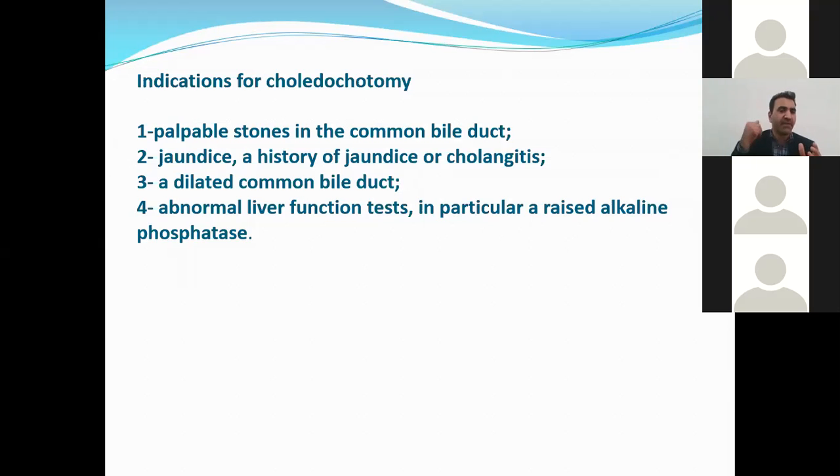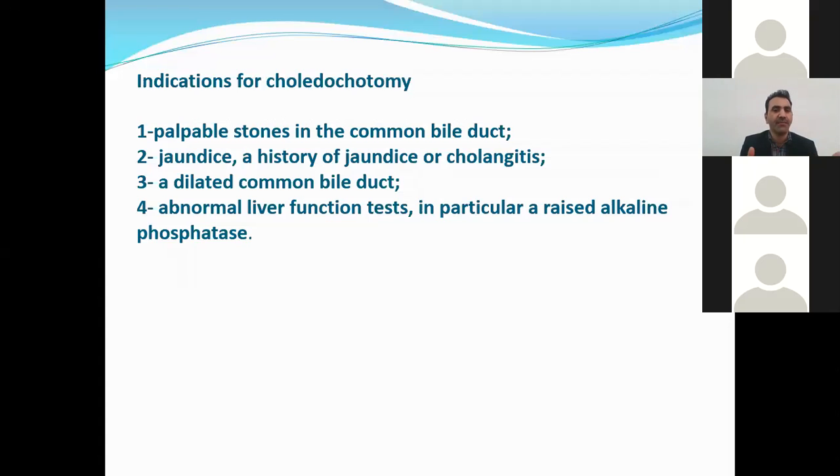Previously, the indications were: one, when there is a palpable stone in the common bile duct during cholecystectomy, we should open the bile duct. Two, when there is jaundice, a history of jaundice or cholangitis, we should explore the bile duct to know the cause of this jaundice.